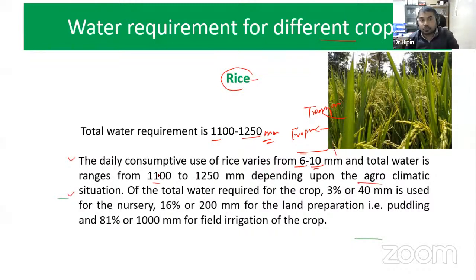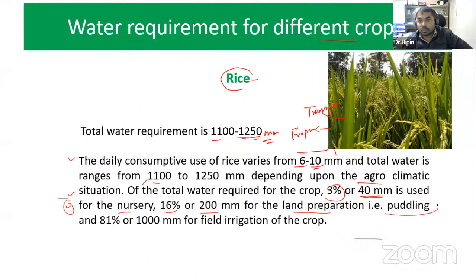If you divide this, you can see here 3%, or you can say 40 mm, is used for the nursery, because rice requires nursery preparation. So out of this 1250 mm, 40 mm we use for nursery raising, and 16%, 200 mm, is required for special operations like land preparation.